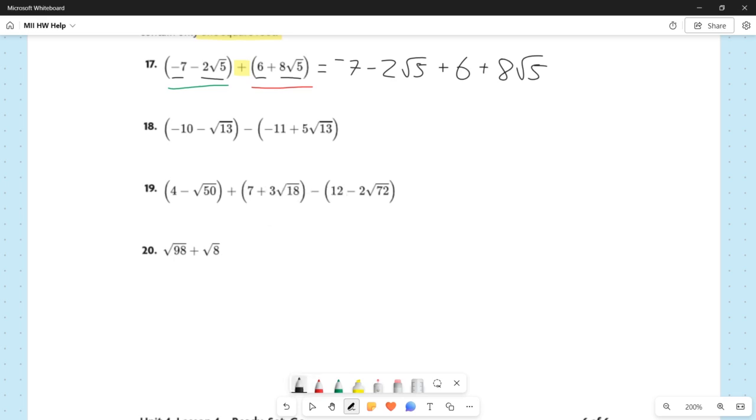Our second and final step here is going to be to simply combine like terms. You can treat the root 5 like an x.